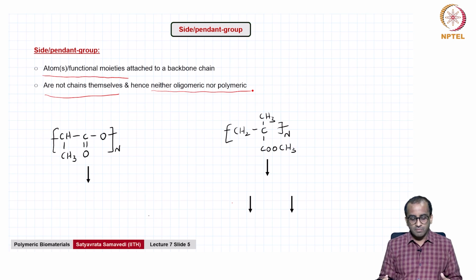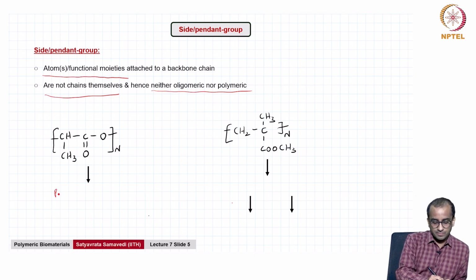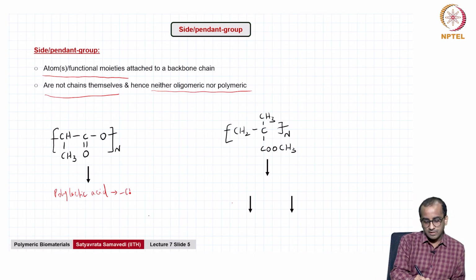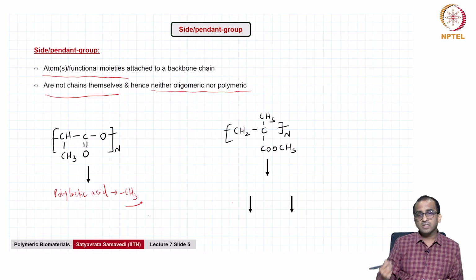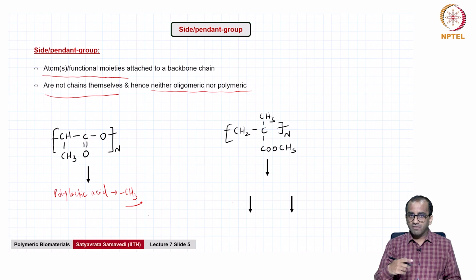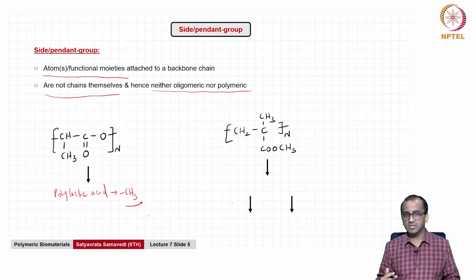One example of that shown here is polylactic acid, for which the pendant group is simply the methyl group. And it turns out, if you look at the structure of polyglycolic acid, it is this methyl group, or the absence of it, that distinguishes the lactic versus the glycolic acid.